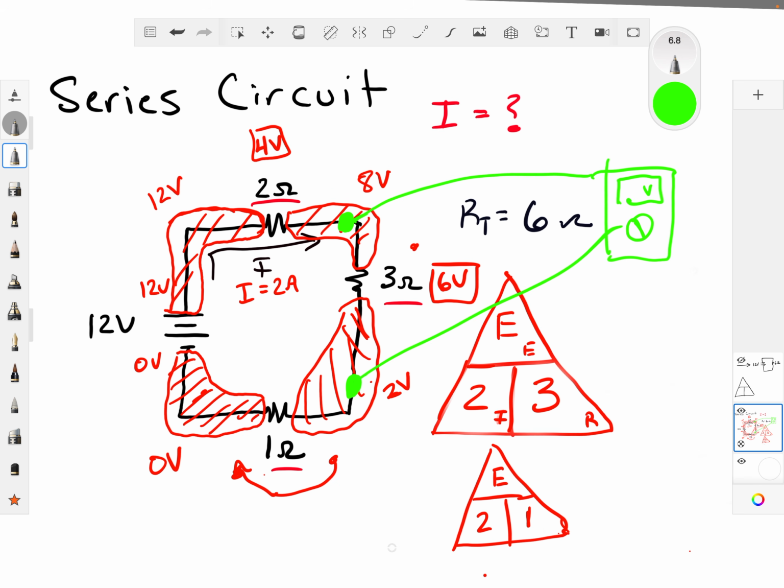So right here, 8 volts and 2 volts, what should my multimeter read? It would read 6 volts, right? Because it's going to read the difference between those two voltages, the potential difference. The potential difference is the voltage. And the potential difference between these two places is 6 volts, right?